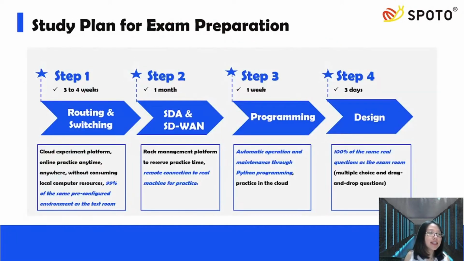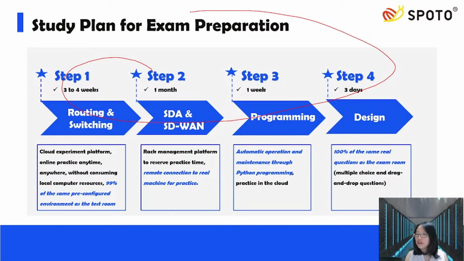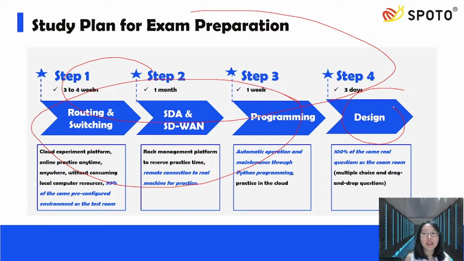Okay, so this is our study plan for everyone to pass the CCIE lab exam at one time. As the CCIE lab has 2 modules, DOO and design, we deliver the lab service and the material in stages. The first is about routing and switching, with the solution and rack.